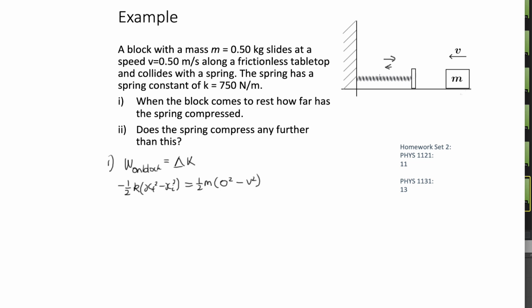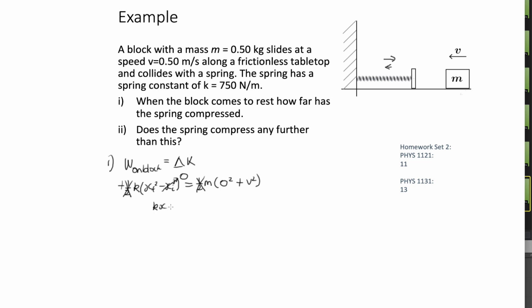Now, initially, there's no force on the spring, so the spring is just at its equilibrium position. So this initial position is 0, equilibrium, and we're trying to work out what this final position is. We can also cancel out the halves, so they appear on both sides, and then we've got the negatives, so we can make both those negatives positive.